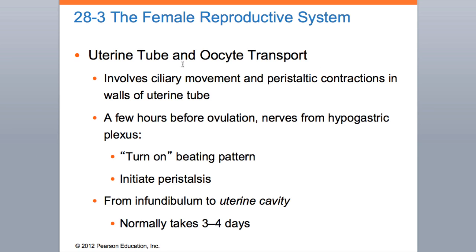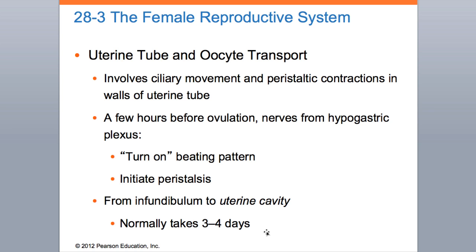Now, of all of this, and by now you should know there's ciliary and peristaltic movement, but look what it says here. A few hours before ovulation, we have a turn-on beating pattern. Initiate peristalsis. Normally takes about 3 to 4 days. Okay.